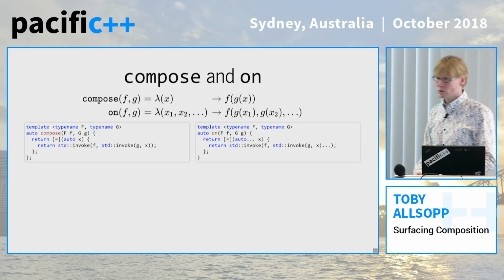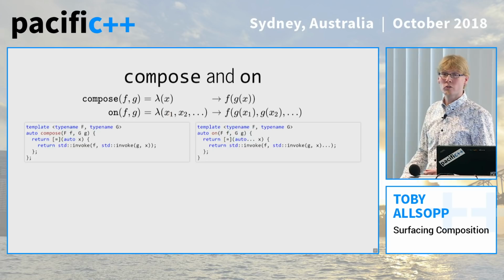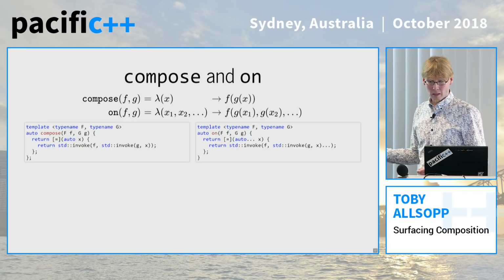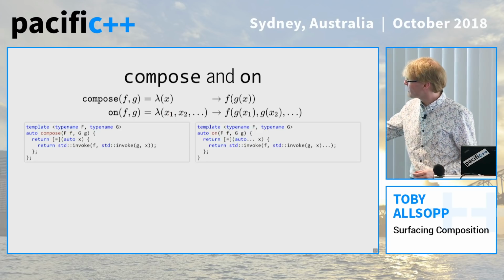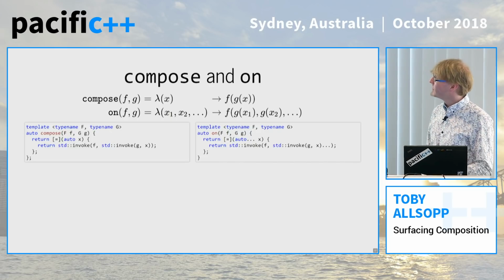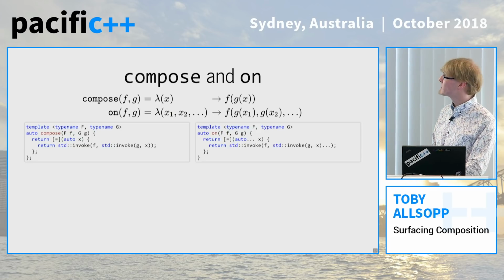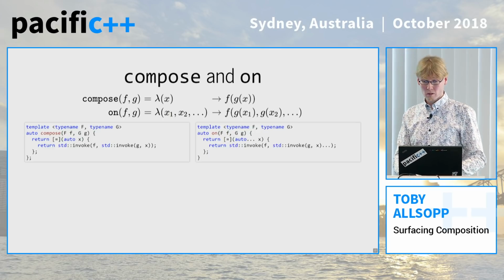In fact, the only difference between compose and on is that on has a couple of dots in it. So that's actually something that's really cool about C++, because the fact that compose is actually just a special case of on just falls out from variadic templates and variadic parameter lists.